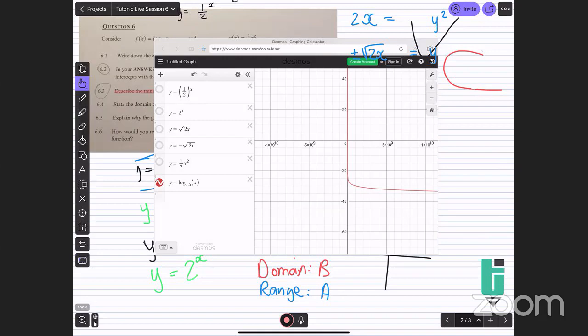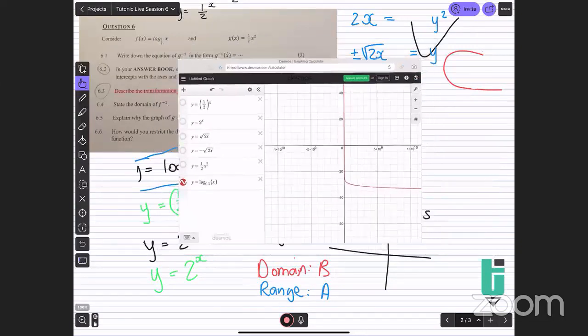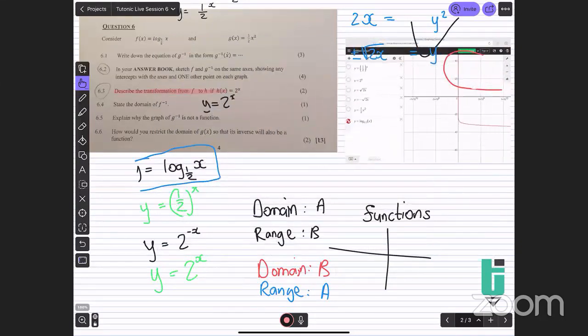Isn't the domain of the exponential the same as the range of the log? So y is an element of the real numbers. Do you guys agree y is an element of the real numbers? Yes. So they want the domain of the inverse, but the inverse is just an exponential graph.